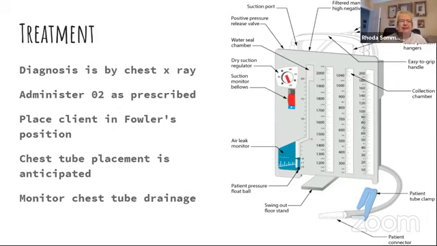You should anticipate the doc is going to put a chest tube in, and usually if they're in the hospital and this happens in their room, we're doing it in the room. We're not taking them to the OR to do it. So anticipate that you're going to be helping put a chest tube in, and then after that is in, monitor the chest tube drainage.